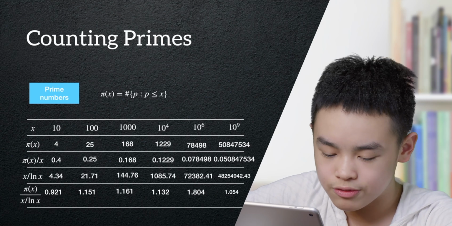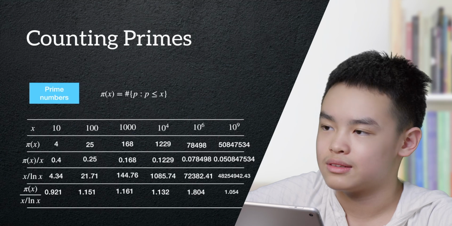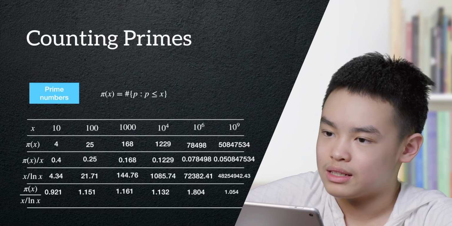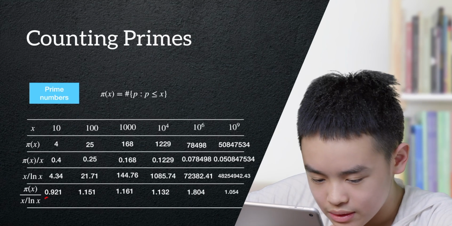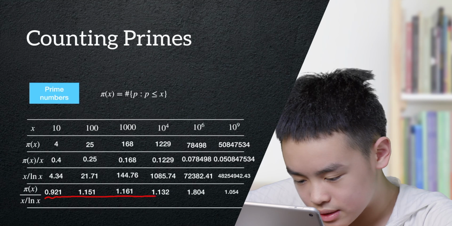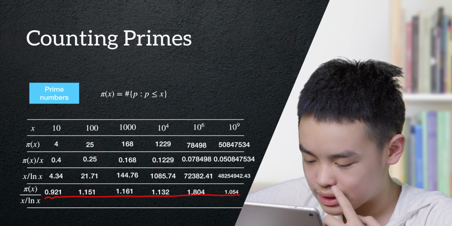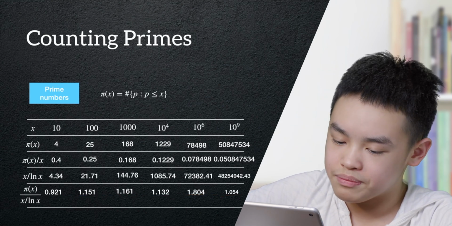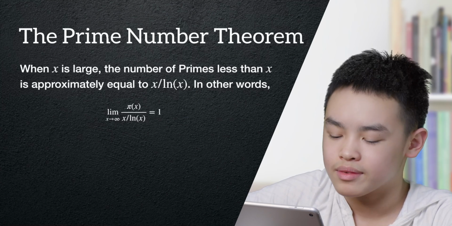But if we use pi(x) over ln x, it sounds quite a bit, I just can't get my brain over it. It's a tongue twister. We find that it will be approximately equal to 1 when x is approximately infinity. And, well, we have the prime number theorem.